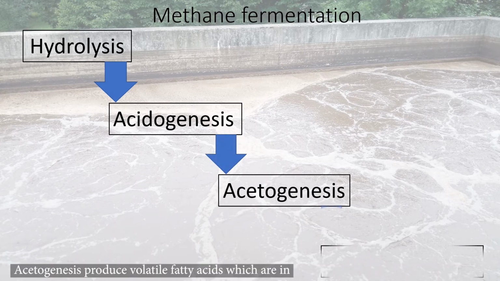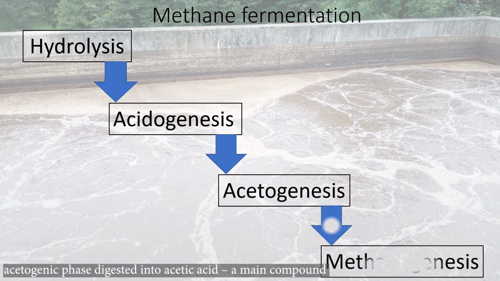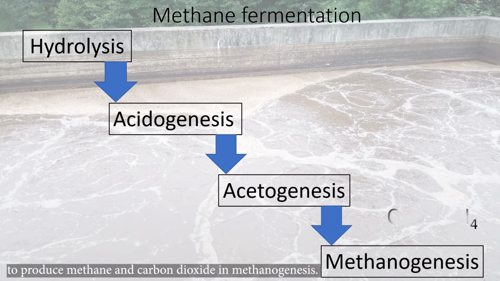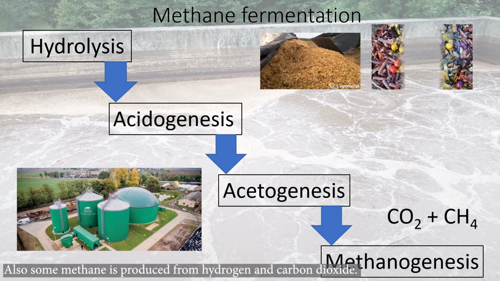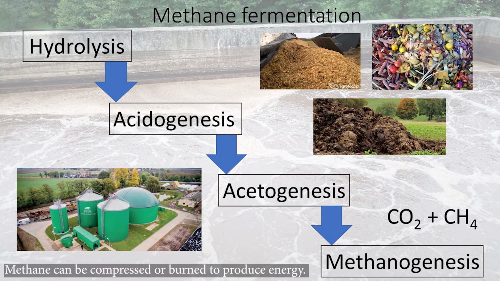Acetogenesis produces volatile fatty acids which are in the acetogenic phase digested into acetic acid, a main compound to produce methane and carbon dioxide in methanogenesis. Also some methane is produced from hydrogen and carbon dioxide. Methane can be compressed or burned to produce energy.